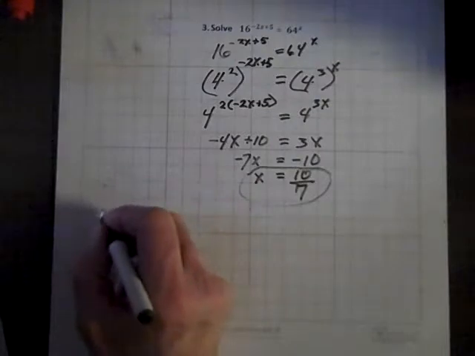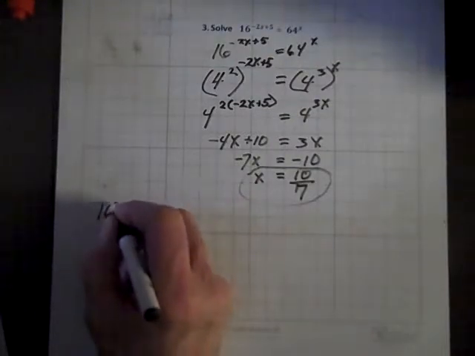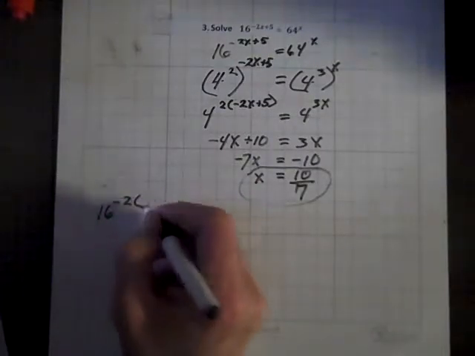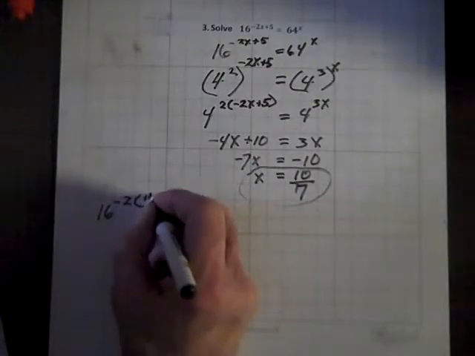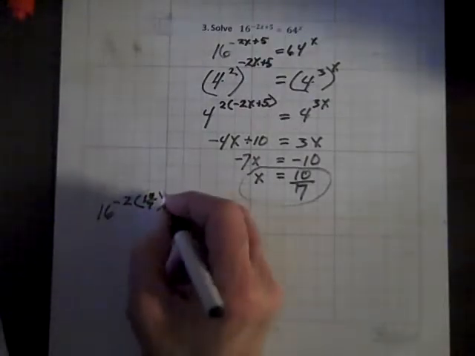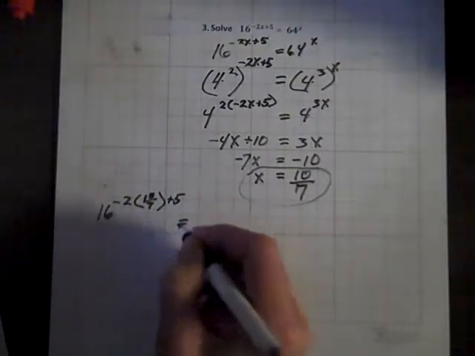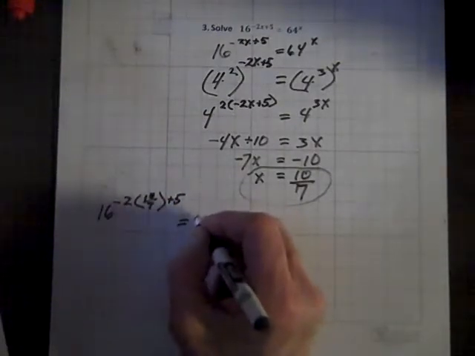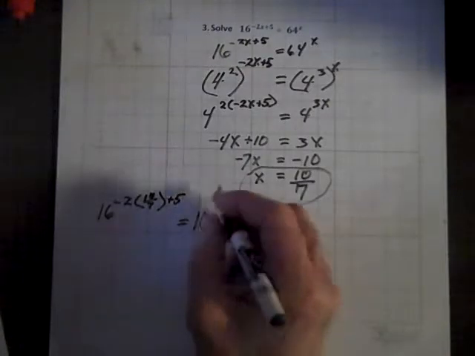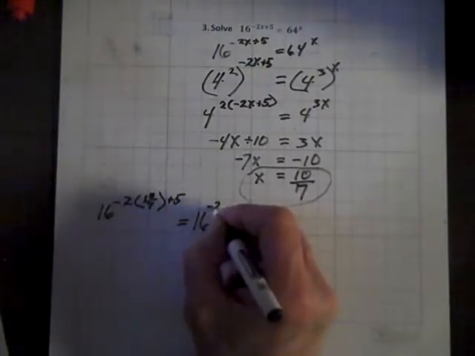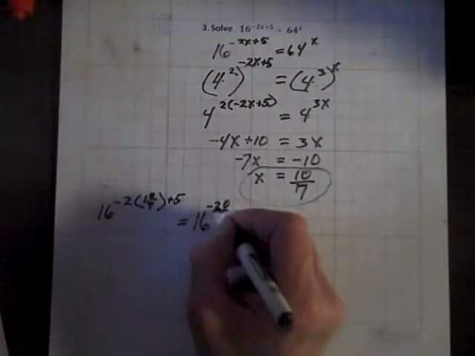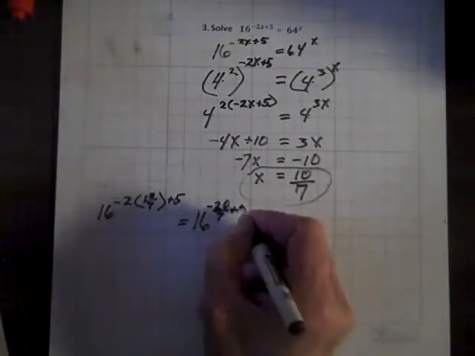So let's see, we have 16 to the negative 2 times 10 over 7 plus 5, and that equals 16 to the negative 20 over 7 plus 5.